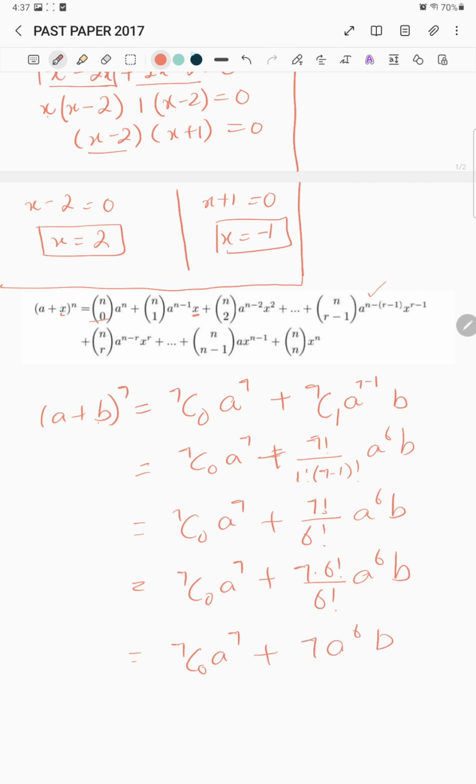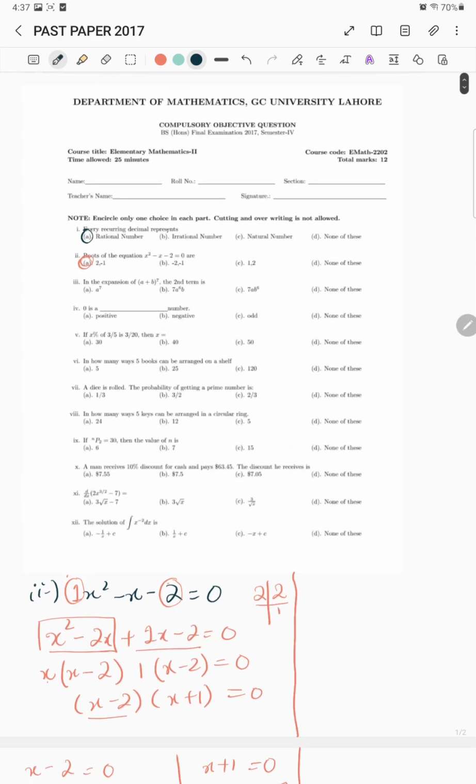Because they are asking for the second term, the second term we get is 7a to the power 6 into b. This is the second term we get.